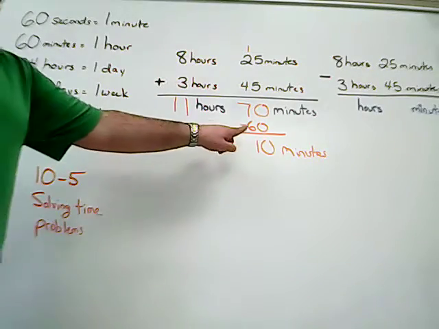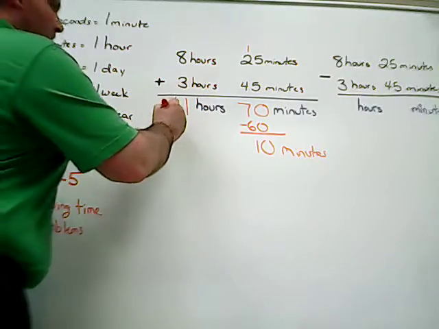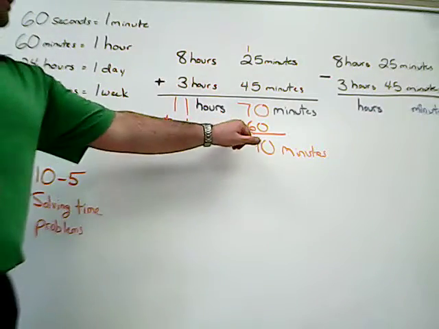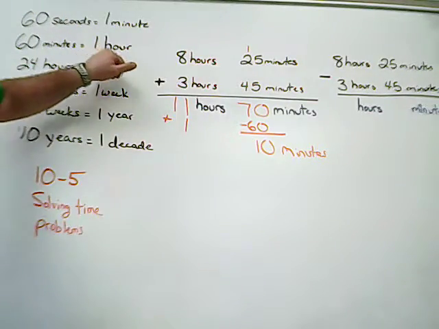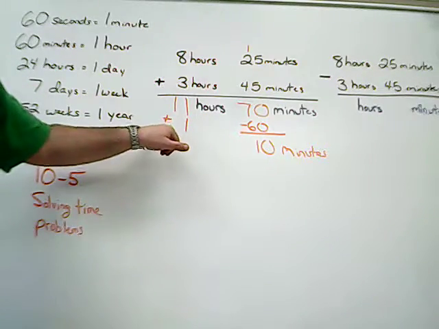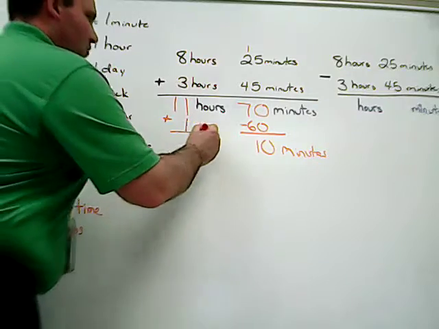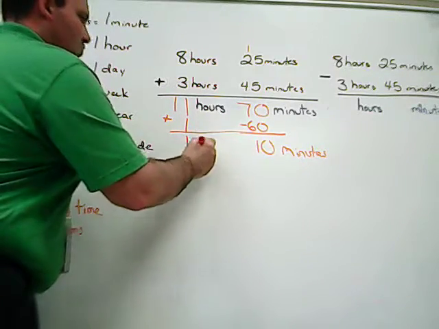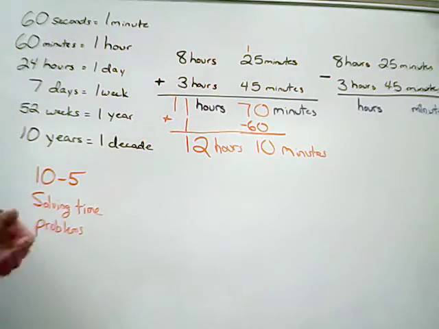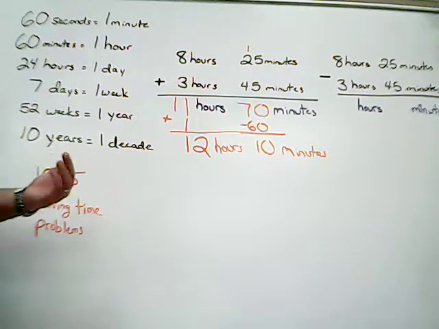And I'm going to add the 60 minutes over to here in the form of hours. So when I take away 60 minutes, I'm really taking away 1 hour. I'm going to change that into plus 1 hour on this side for a total of 12 hours and 10 minutes.